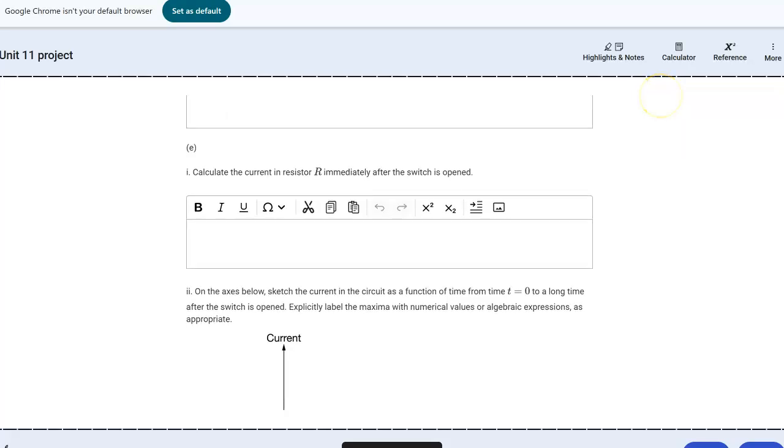Evaluate the current immediately after the switch is open.